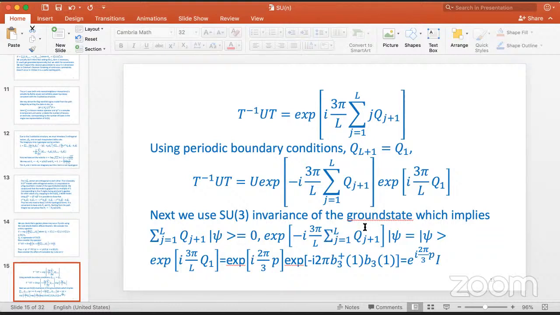So this exponential operating on psi gives e to the i 2 pi over 3 p times e to the minus i 2 pi over 3 b dagger 3 b3, and this just gives 1. So we get a phase of e to the i 2 pi over 3 p times the identity matrix. The effective translation by one site is to give us this phase.